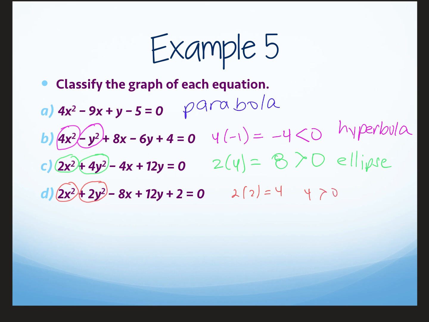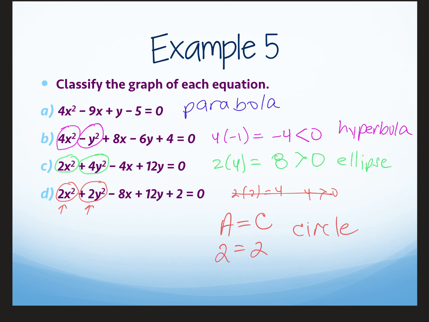And you guys would tell me it's an ellipse. It's actually not. And you're like, wait a second, huh? What does the chart say? If A is equal to C, well, in this case, guys, what is your A term? 2. What is your C term? 2. So this actually says 2 is equal to 2, correct? What is the process if your A and C are equal? This is a circle.